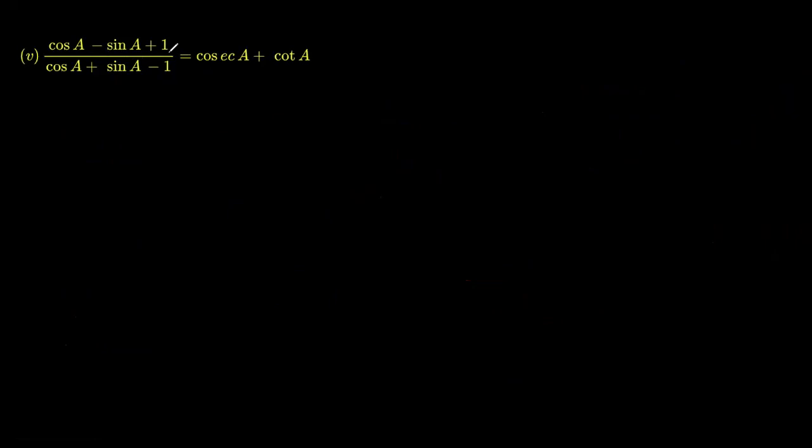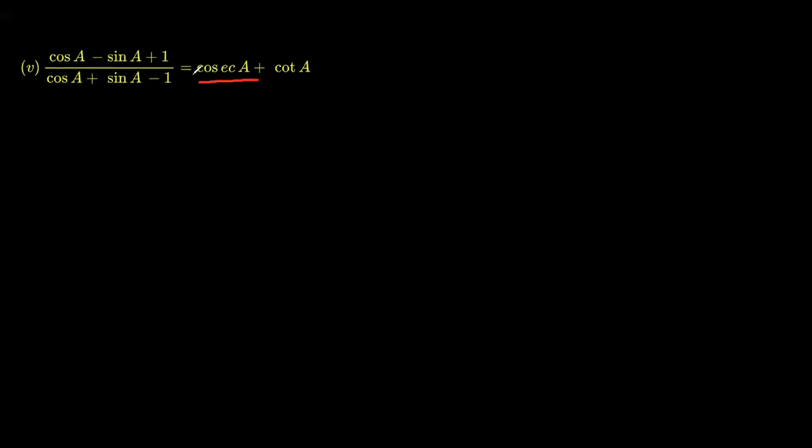Cos a minus sin a plus 1 divided by cos a plus sin a minus 1 is equal to cosec a plus cot a. Yes. So the right hand side is in terms of cosec and cot. We can start with the left hand side and change everything into cot and cosec.